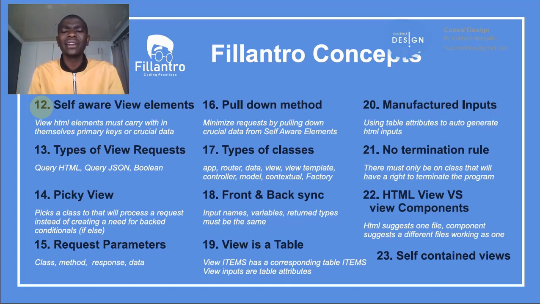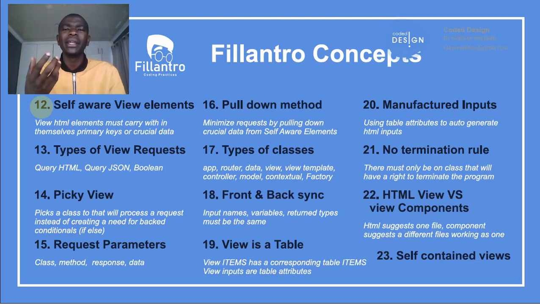So when I'm saying a view is a table, I'm just reinforcing that you can copy your view input elements from your table, and also you can copy your table from your view elements.